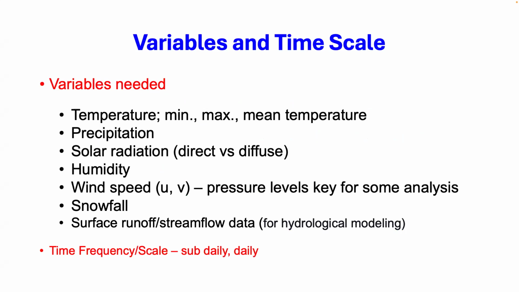So the first thing was to look at the variables and the time scale that we'll need. Some of the variables we have, but the major challenge is the time scale. Some want sub-daily, some want daily, and some want the simulation output at a particular time scale.